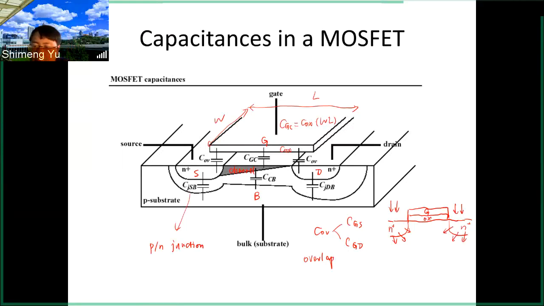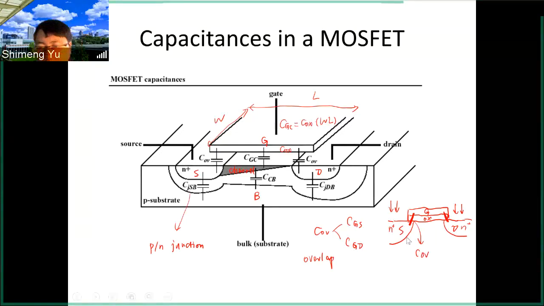So this high temperature will make the PN junction more spread out into the channel. Then here there's overlap between the gate to the source and overlap between gate to the drain. So this is COV, overlap capacitance.